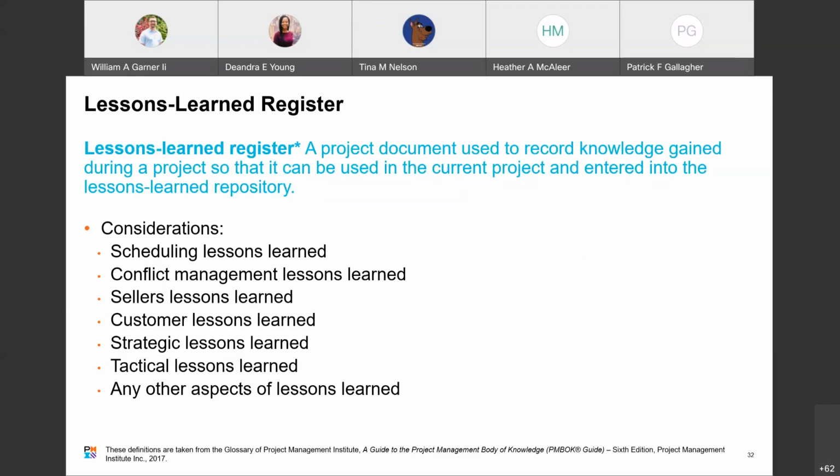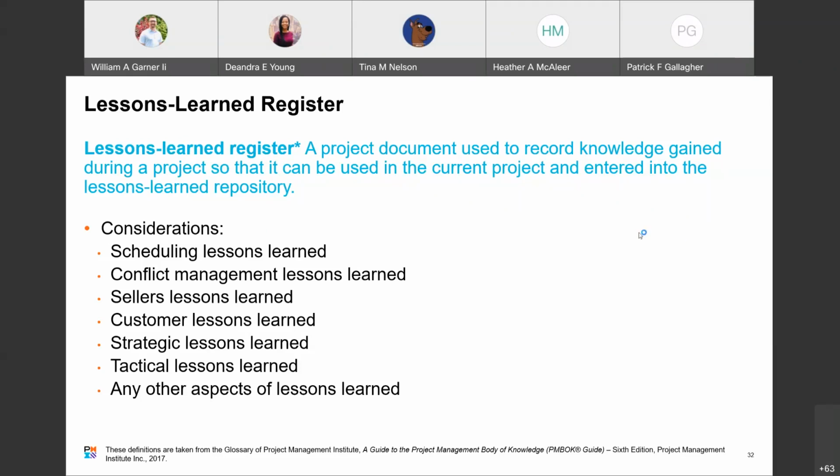It's important to include both what the project team did well and what they need to improve on. When the project is closed and the lessons learned register is complete, the register content needs to be added to the lessons learned repository so future project teams can benefit from this knowledge.